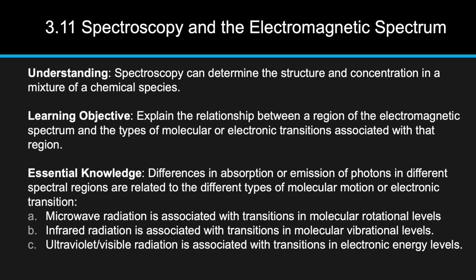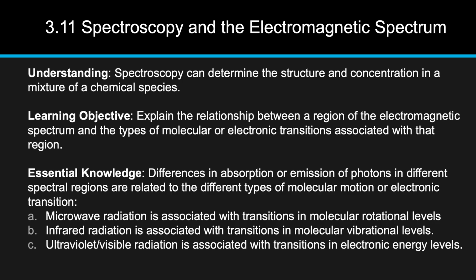Today, the learning objective is to explain how different regions of the electromagnetic spectrum are linked to specific types of molecular or electronic transitions. So first we have microwave radiation. It has a relatively low energy and it's associated with molecular rotational transitions, which basically just says that it causes the molecules to spin.